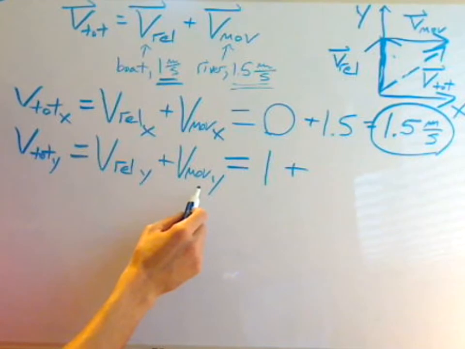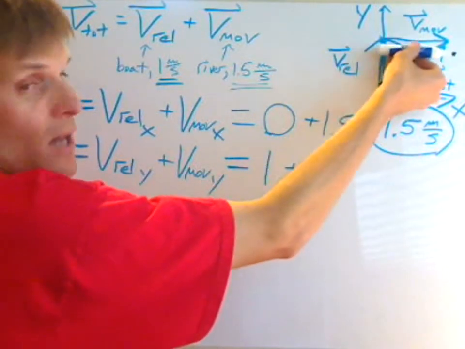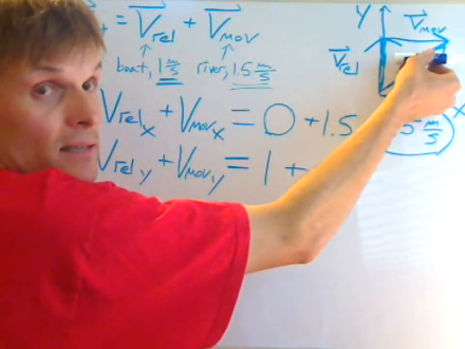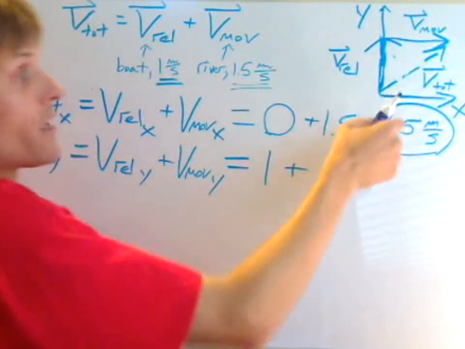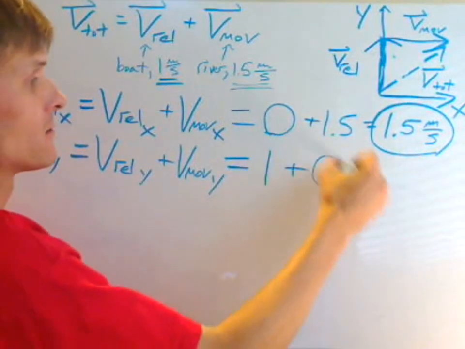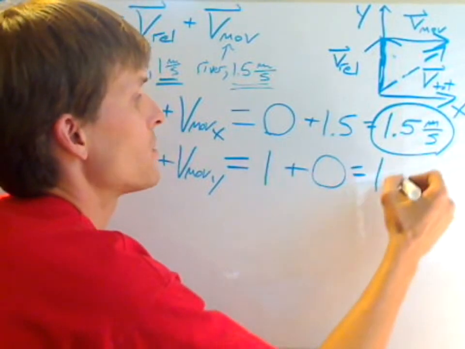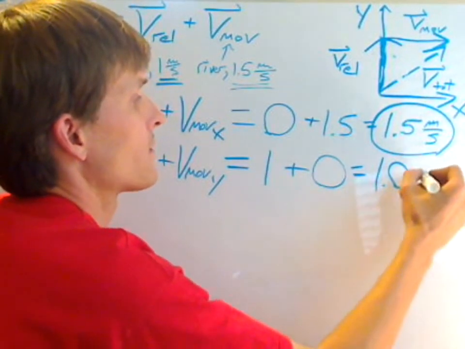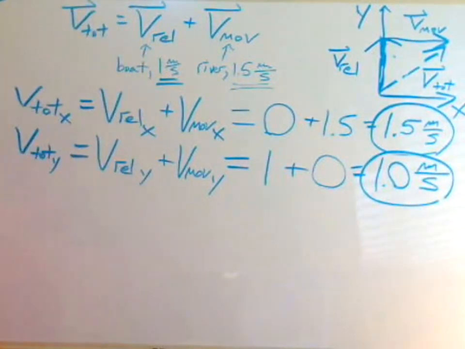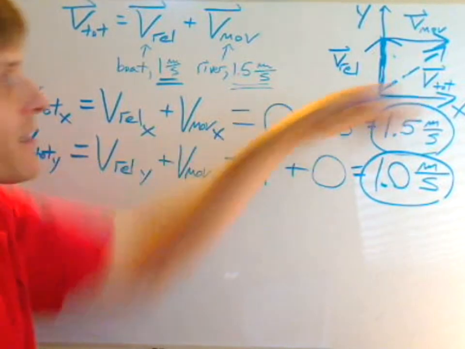And the moving frame, the river, is entirely in the x direction, so therefore it has 0 y component. That gives us a y component of our total velocity of 1 meter per second. And that's kind of what we expect when we look at this figure here.